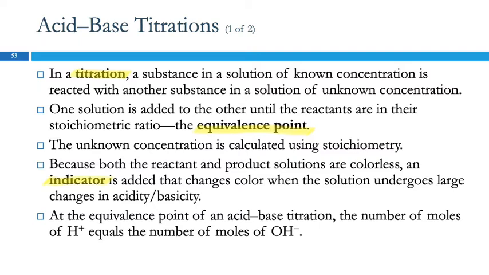So at the equivalence point in an acid-base titration, we have the number of moles of hydrogen added equal to the number of moles of hydroxide added. So this is an experimental technique. Solving the problem is just a solution stoichiometry problem.